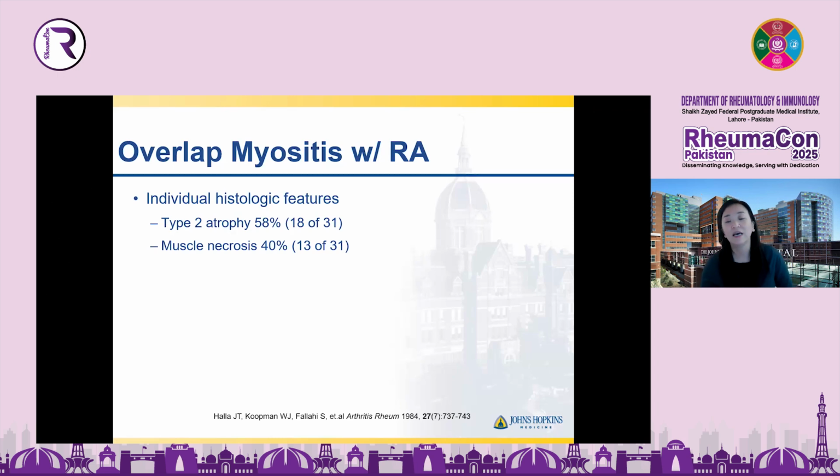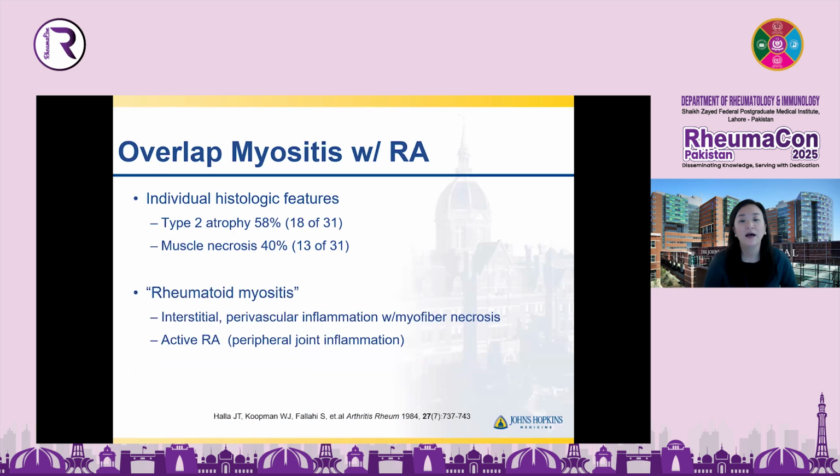So when we think about necrotizing myopathy, yes, it's classically associated with anti-SRP and anti-HMGCR, but these overlap patients can definitely, even in 1984, have significant necrosis on the muscle biopsy.